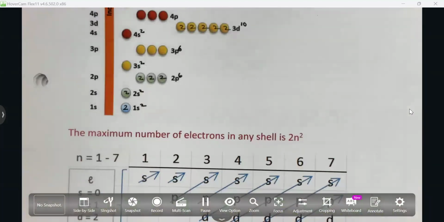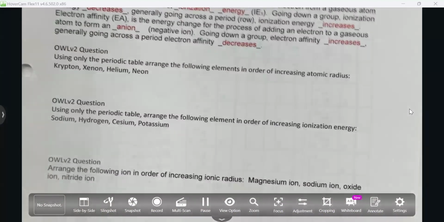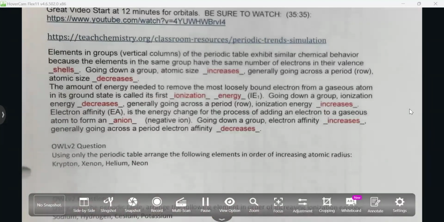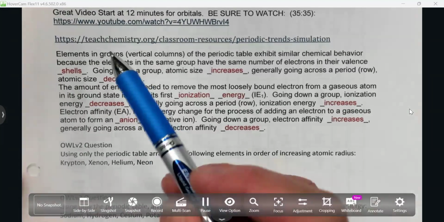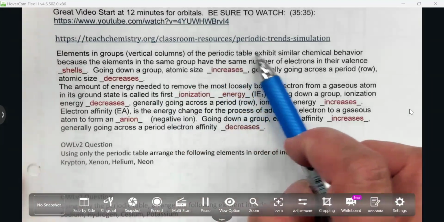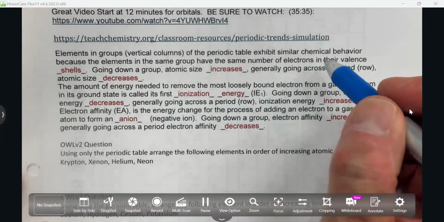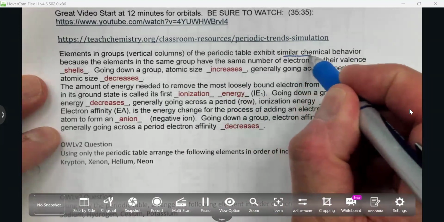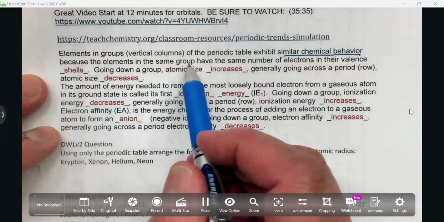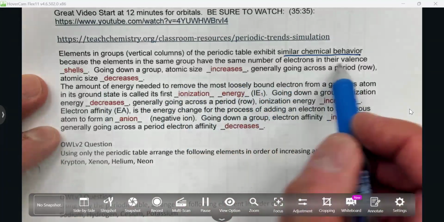Okay, so now I think we're in order, and we are on page 19. And we're going to add this to our periodic table. So we did quantum numbers. Now, elements in groups or vertical columns of the periodic table exhibit similar chemical properties or similar chemical behavior because the elements in the same group have the same number of electrons in their valence shell.